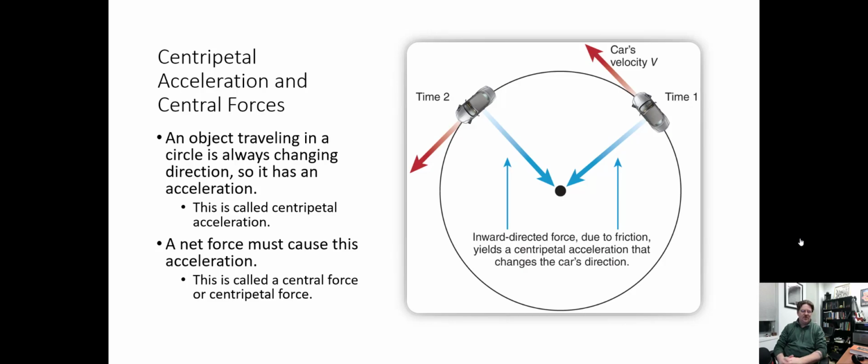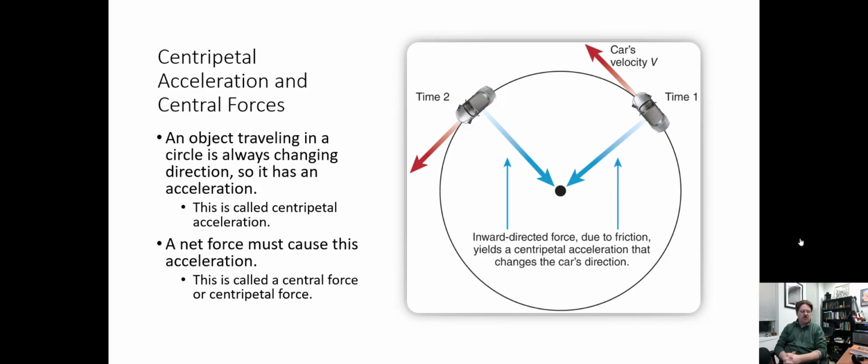I bring up centrifugal because you may have heard that in your high school physics class. But it's really centripetal acceleration, which is what we refer to as a central force. It is a force which is constantly pointed towards the center of revolution, in a way.